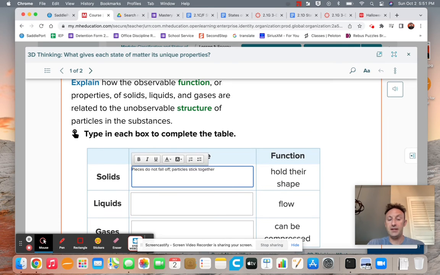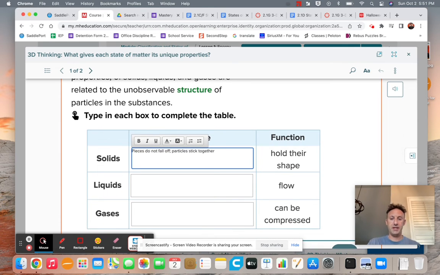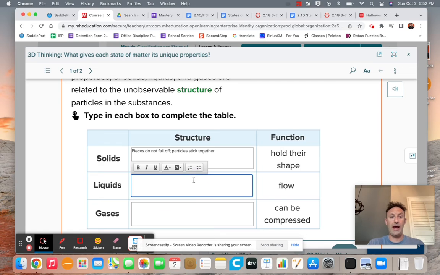Now, the function of liquids is to flow from one container to another. How does that relate to the structure? Well, because they flow, they can move from container to container.